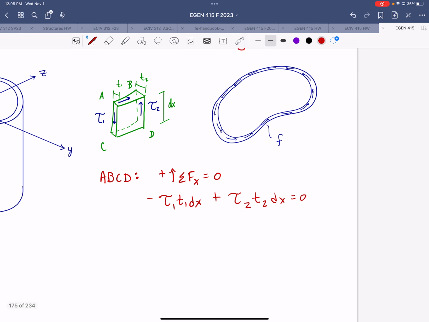All right, so this leads us to tau 1 t1 is equal to tau 2 t2. So we can conclude then that the product of shear stress and thickness at any given point is constant along the circumference.